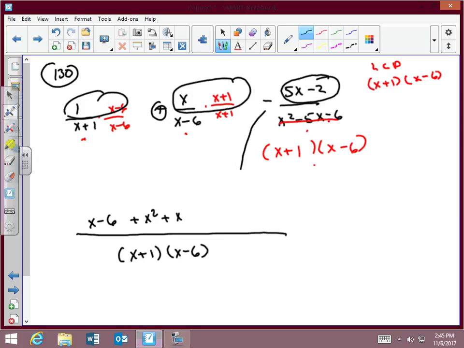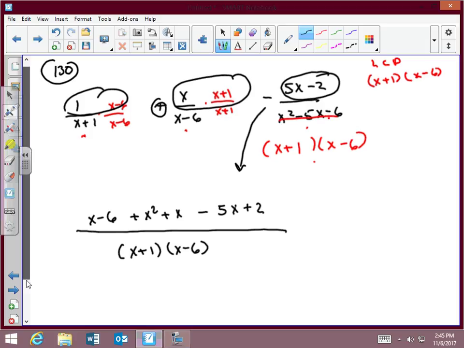You either got to go minus 5x plus 2, run that minus sign through it, or else do a minus 5x minus 2, right? Whichever way you're going to go down here with that. If you want to take a chance that you'll get your signs right, it's a minus 5x plus 2, right? Now what are you ready to do?